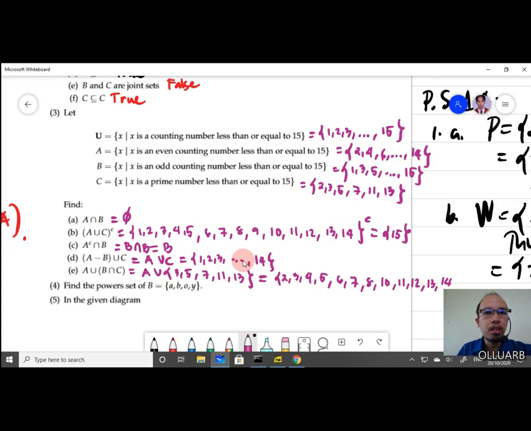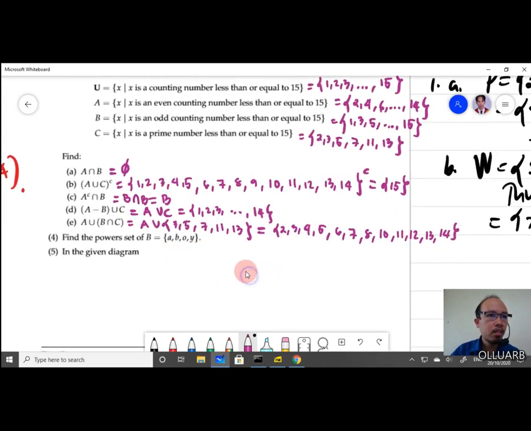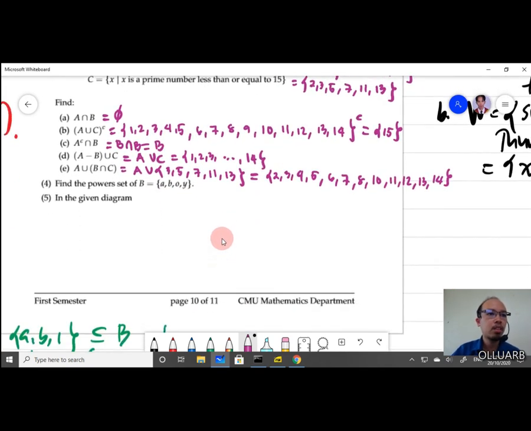So 15 is not an element. Okay, so that's the answer for letter E.